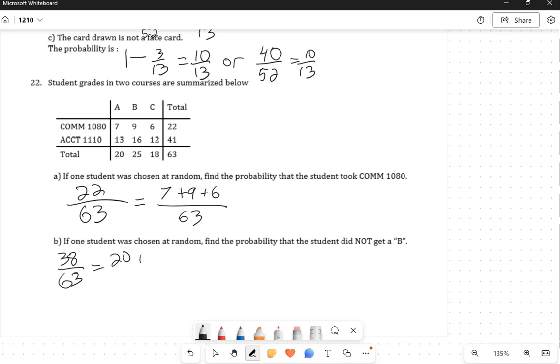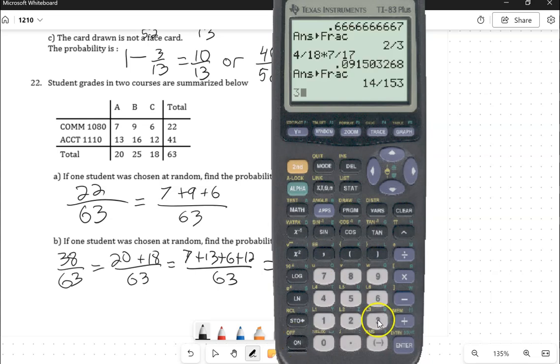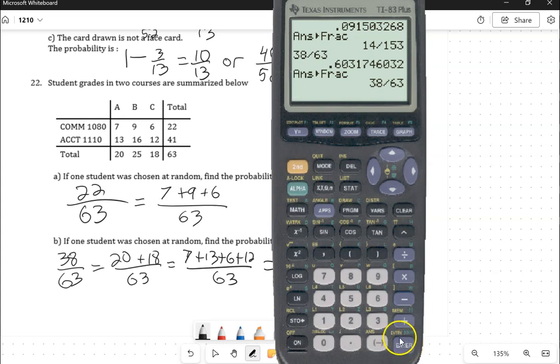You can do that by adding up the not B's individually over the total. Or you can do 1 minus the B's, because again, the not is the 1 minus rule. How many B's were there? 25 out of 63, which again reduces to 38 out of 63. Multiple approaches. Now, does 38 out of 63 reduce? Brain says, calculator says no. Great.